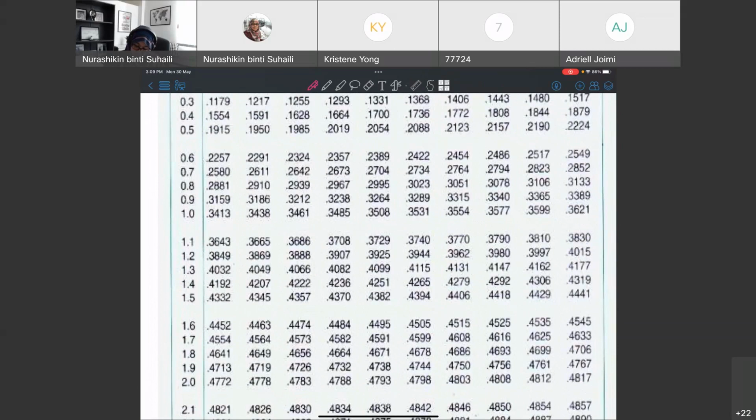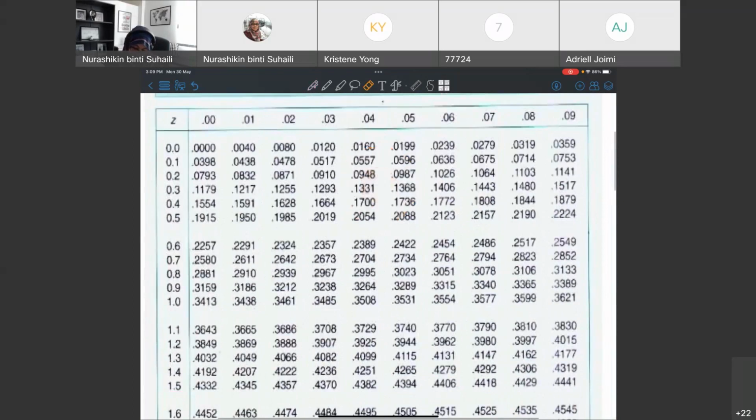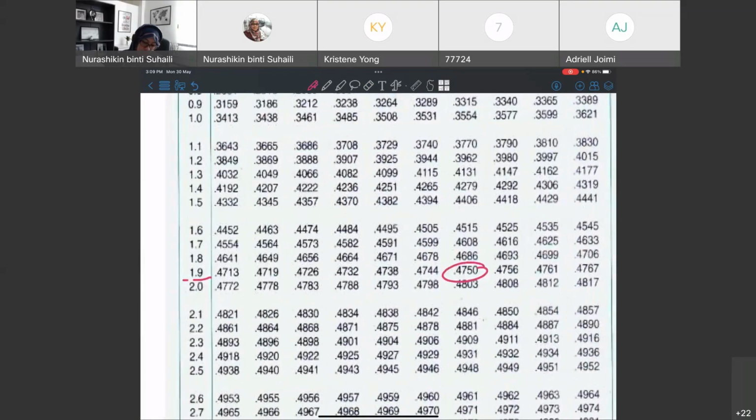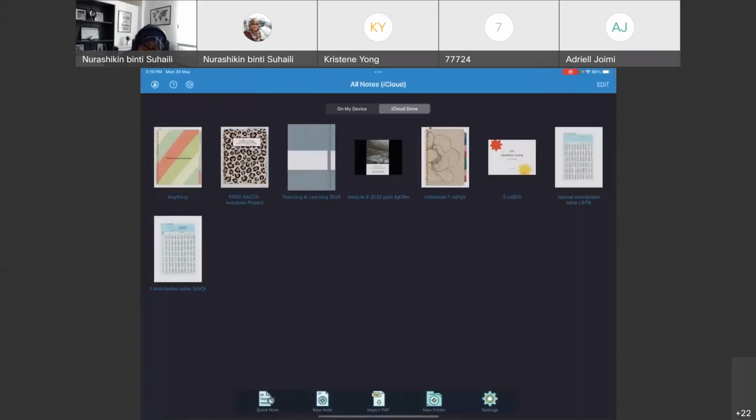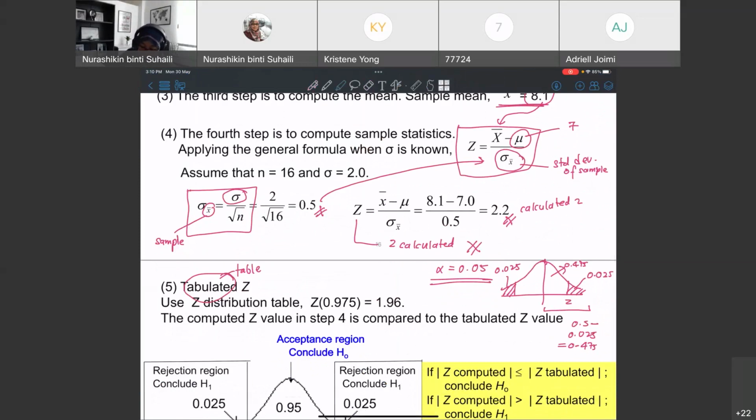Yeah, it's this one, right? So it refers to the value of 1.96. Because this one is here. So 1.96 is the Z value, the tabulated Z. So that's how you got this 1.96.